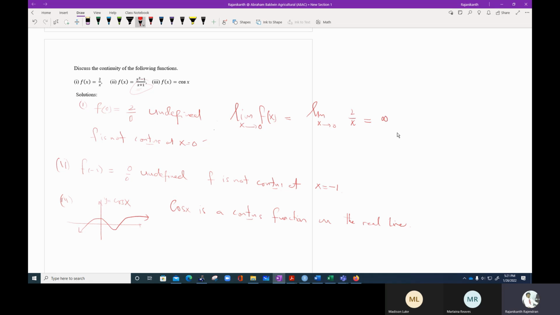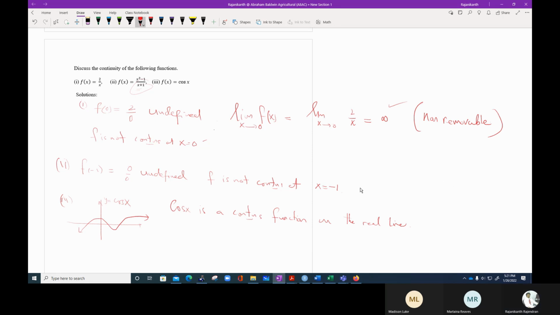If the limit is infinity, then that function is going to be non-removable. If you find a good number for the limit, then that function is going to have a removable discontinuity at that point.